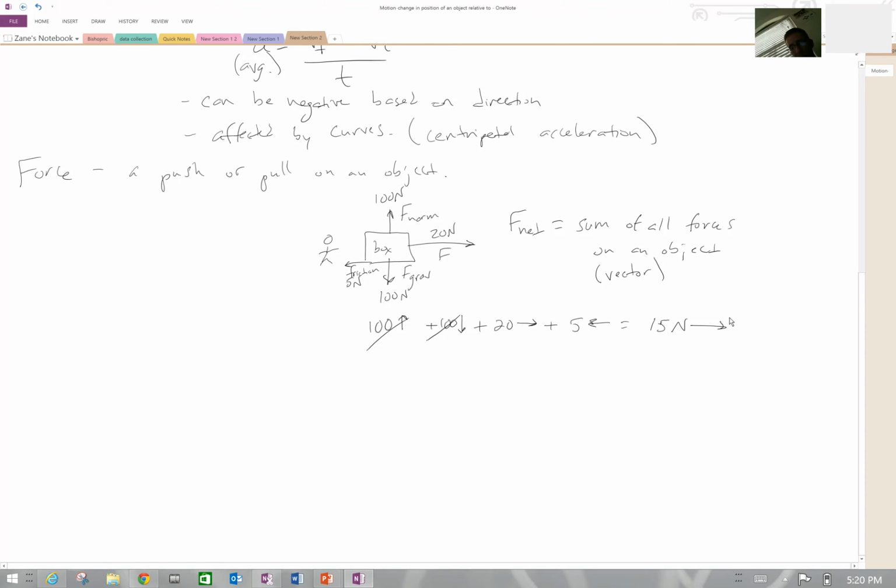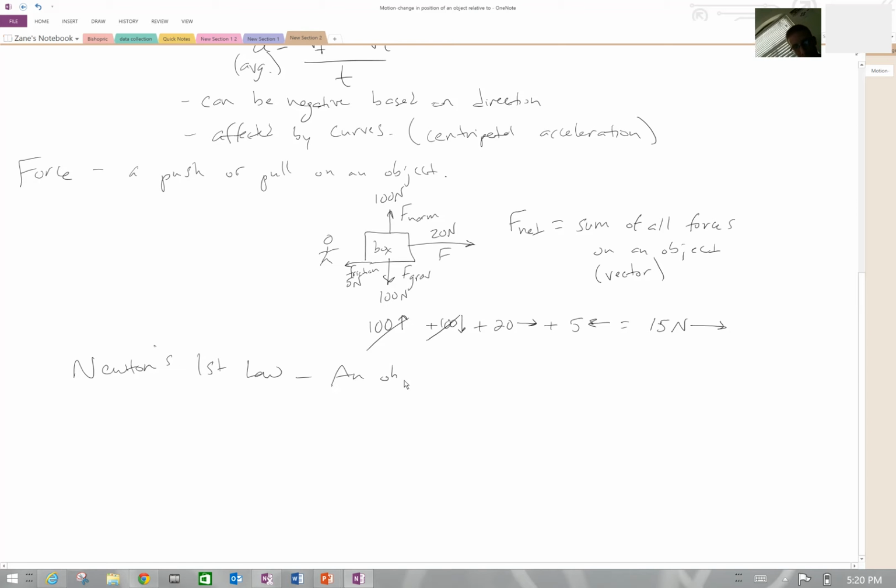Okay, that sounds good. So, when we talk about forces, we launched into a discussion about Newton's laws. Okay? So let's talk about those real fast. Newton had 3 laws. First law, so Newton's first law says this.